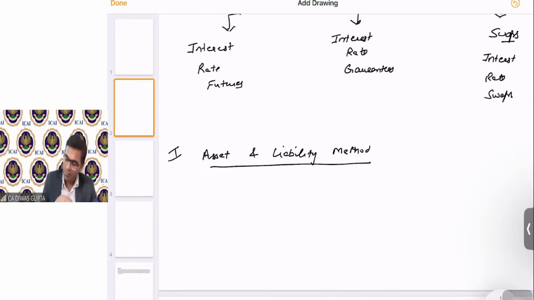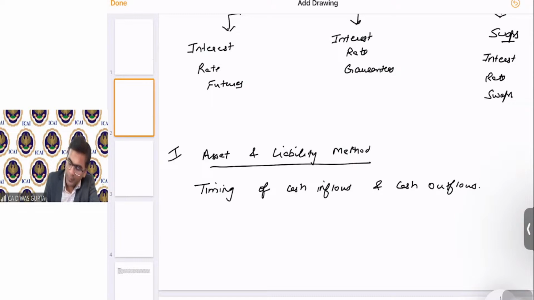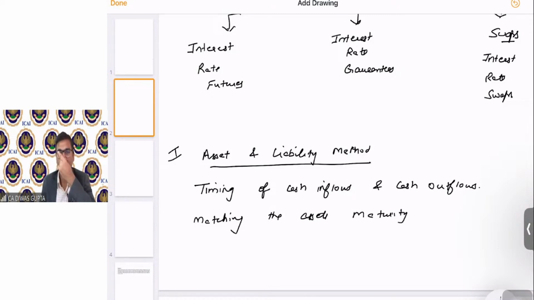So this is more to do with the timing of cash inflows and cash outflows. This essentially is achieved by matching the asset maturity with the liability maturity.